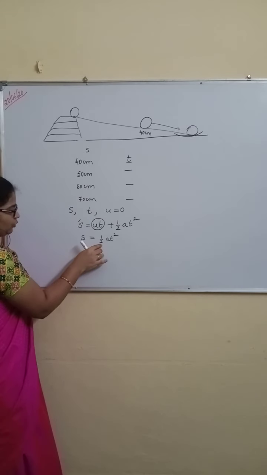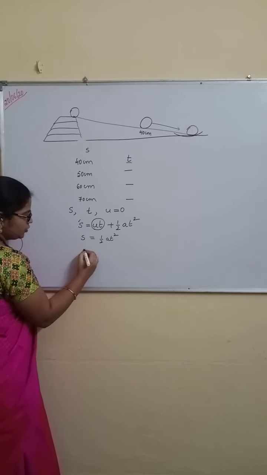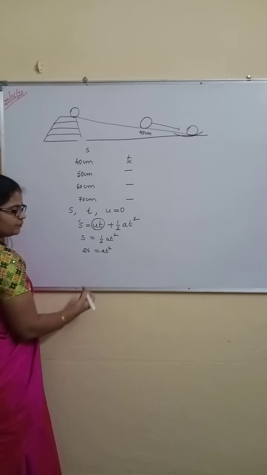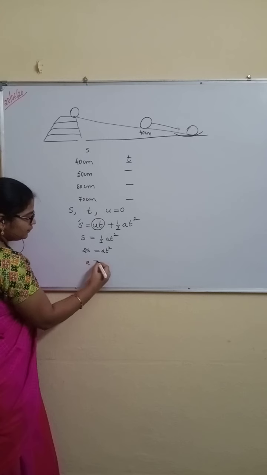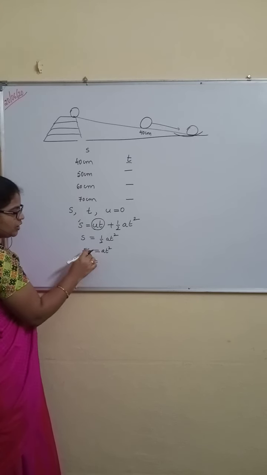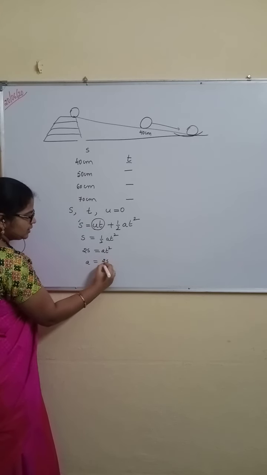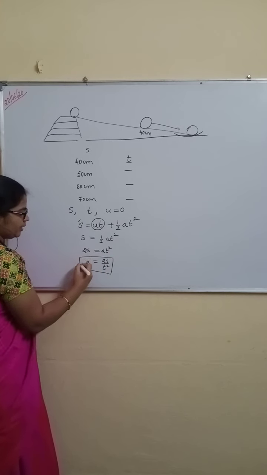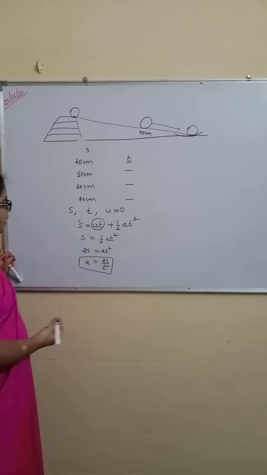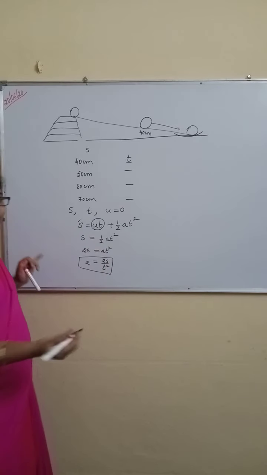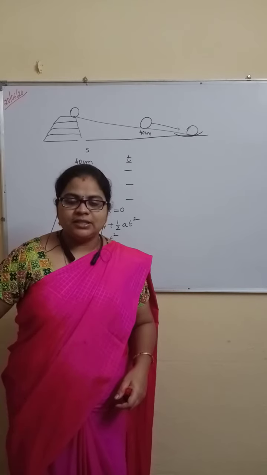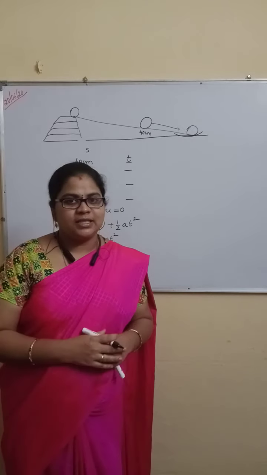So this is by 2, when it comes to here, into 2. So 2S is equal to AT square. Now A value will be, this is into T square, when it comes to here, division. 2S by T square. So this is the acceleration formula. When we keep the S value and T value, we will get acceleration. Okay, like this we can find out the acceleration.